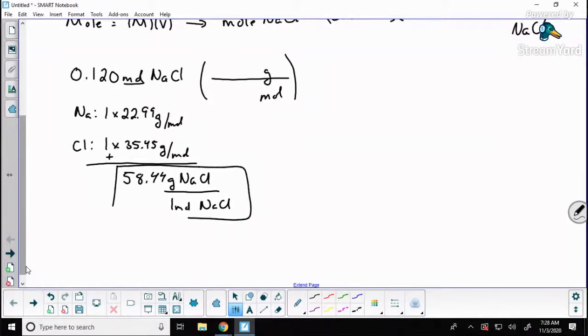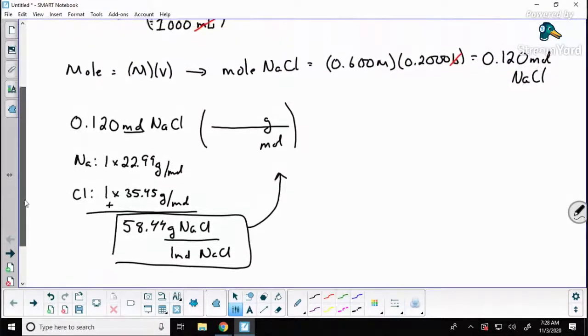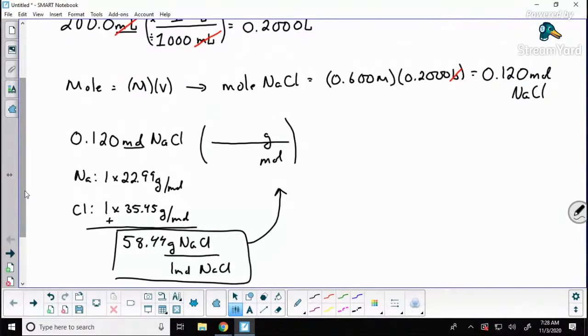And this is the conversion factor that I will now use to convert those 0.120 moles of NaCl over to grams. So if I'm looking at this value, I've got my 58.44 grams divided by 1 mole. And when you do that math, you will get 7.013.